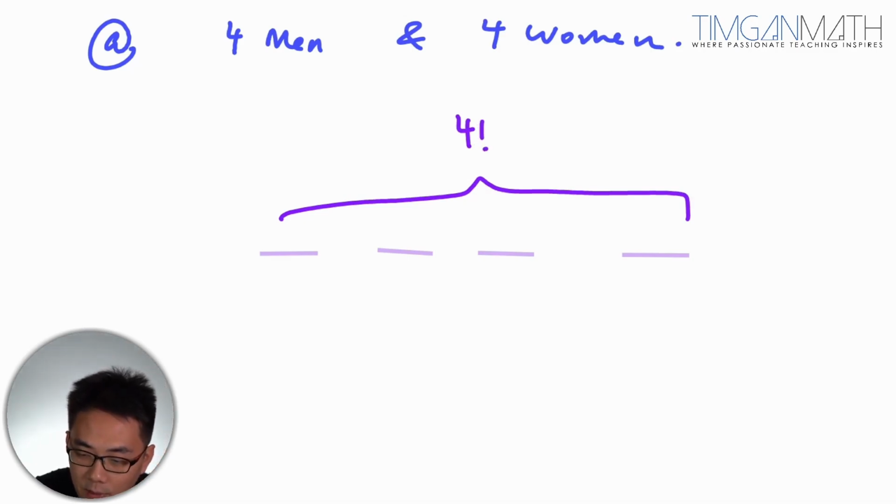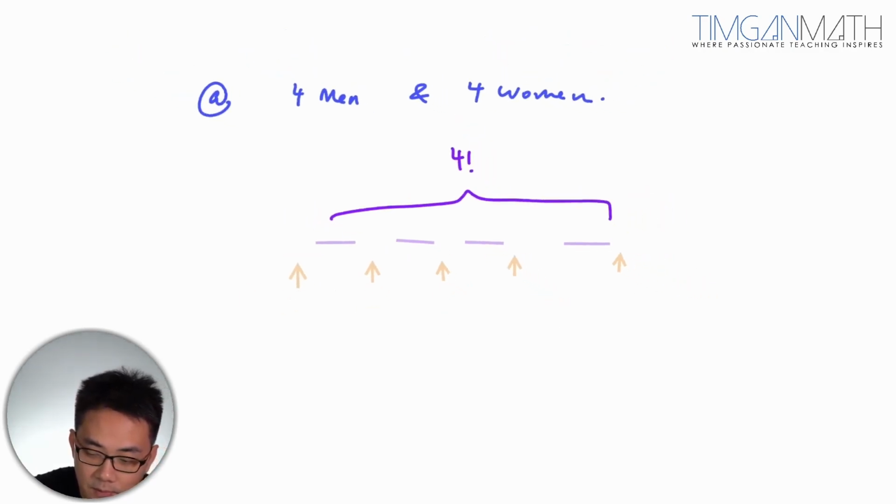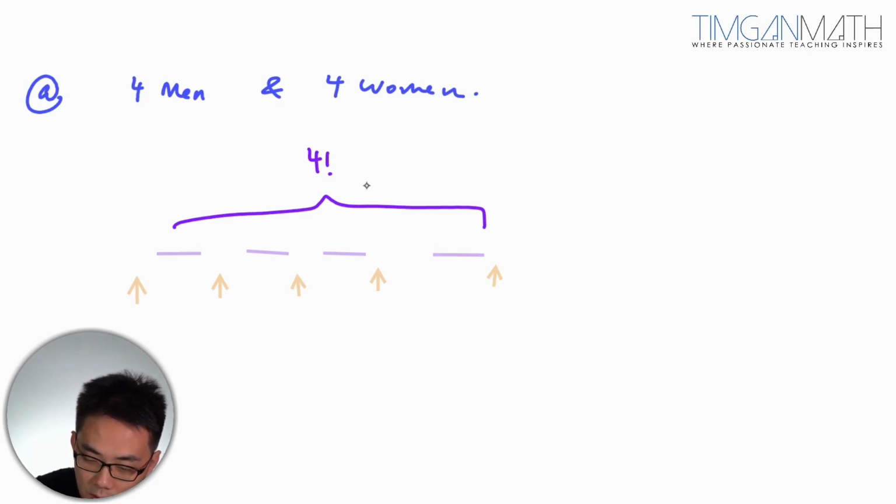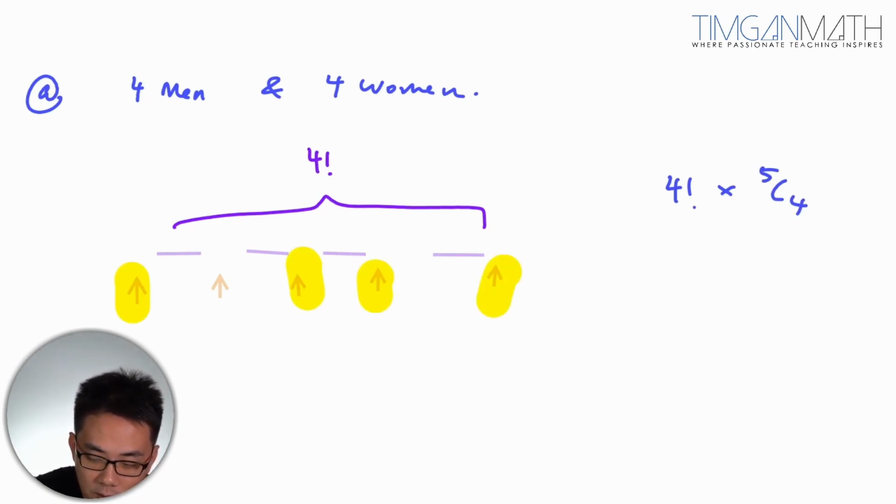Now in the middle here, there are 5 slots. This will be 4 factorial times 5 choose 4, because you arrange the ladies in 4 factorial, then you need to choose 4 seats out for the men. The men could choose any seats here, like this or like that, or any seats which you can choose.